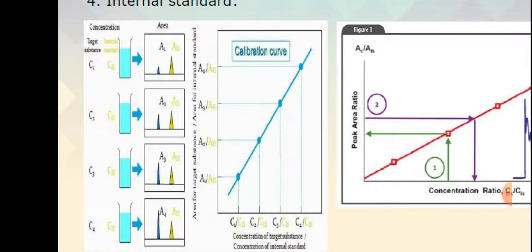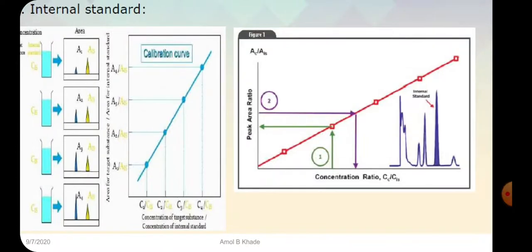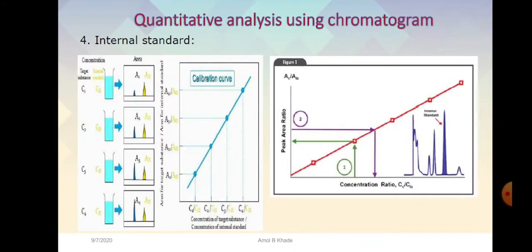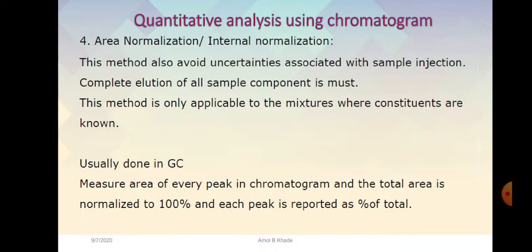We can overcome these problems, and whatever reading or concentration you get with this method will account for all these losses, because if the sample is getting lost, your internal standard is also getting lost, and as we are taking the ratio, it will compensate for those problems and give accurate readings. Here the green one is a plot of our sample, and by the interpolation method we can get the concentration. So this is a very useful method known as the internal standard method.